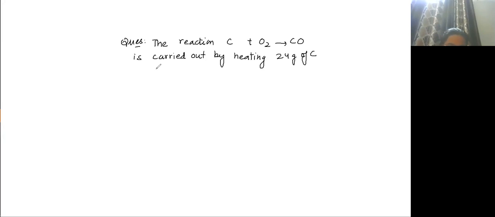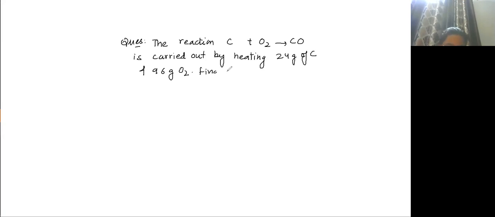Now next question: the reaction carbon plus oxygen gives CO is carried out by heating 24 grams of carbon and 96 grams of O2.